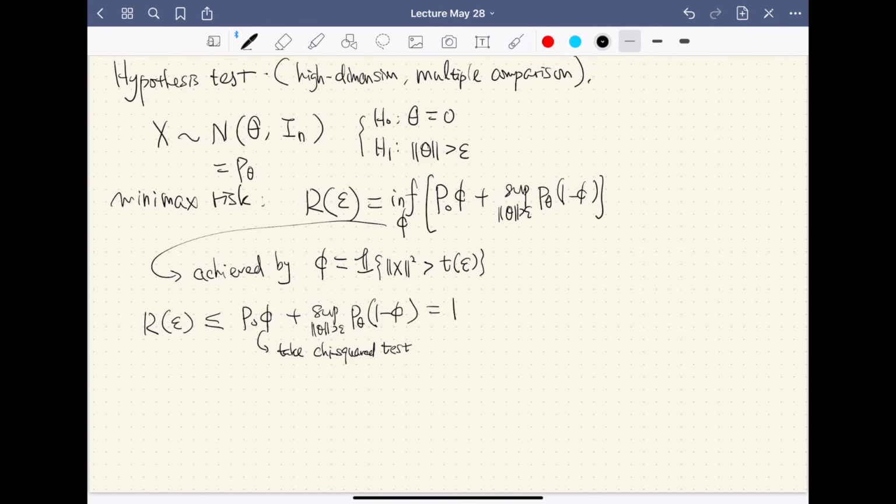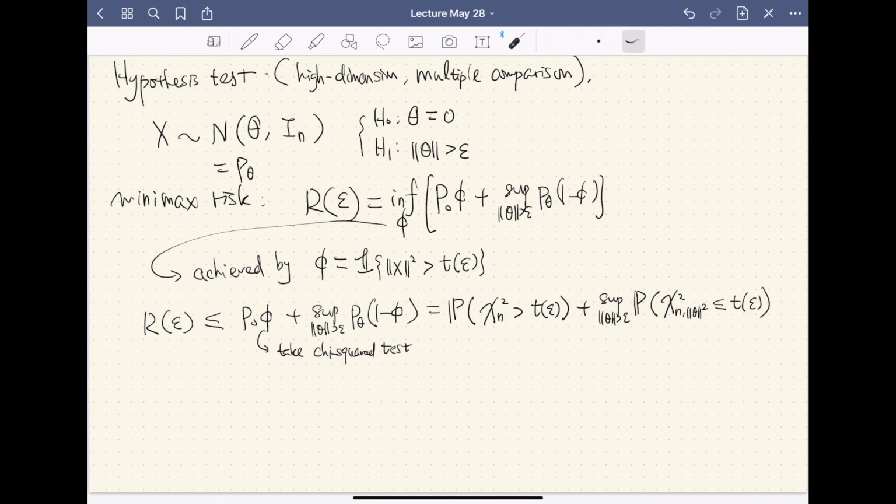Okay, and then the type 1 error will be the probability such that a chi-square distribution is greater than this guy, right? And in the alternative hypothesis the type 2 error is going to be the worst case probability of... now, what's the distribution of this guy in the alternative? It will be a non-central chi-square distribution, right? Smaller than the threshold function.